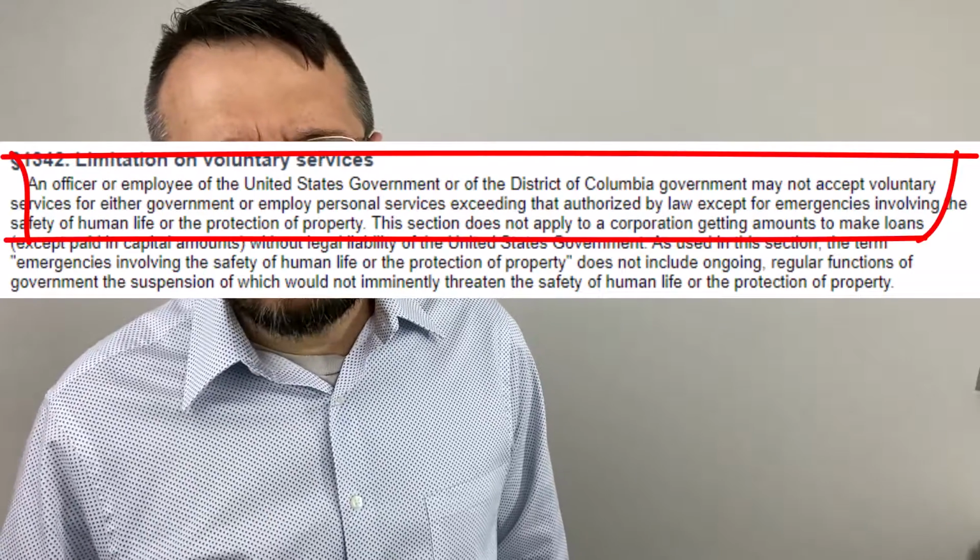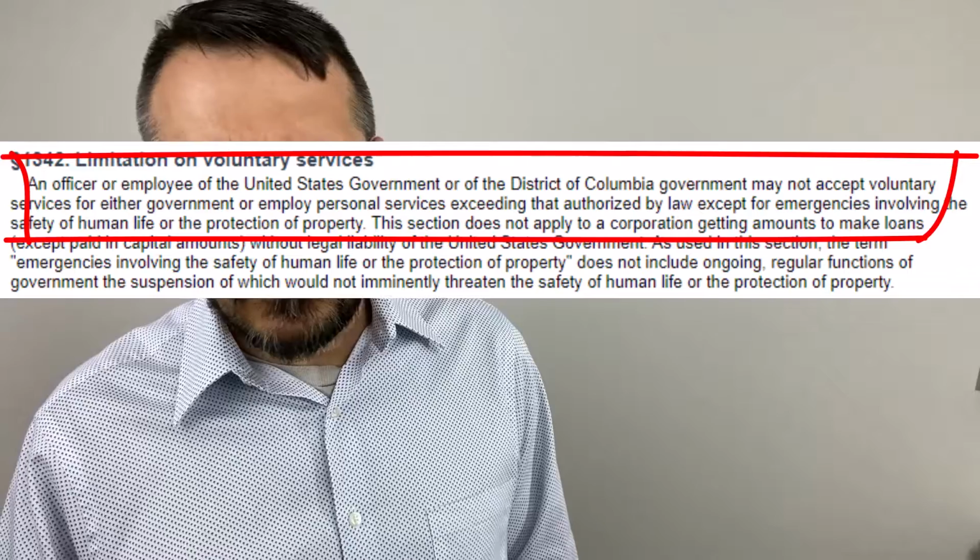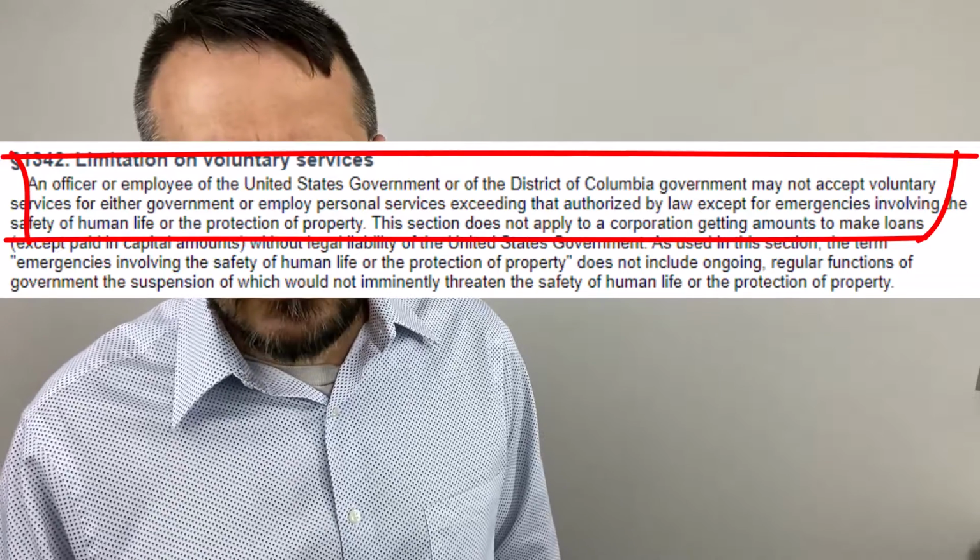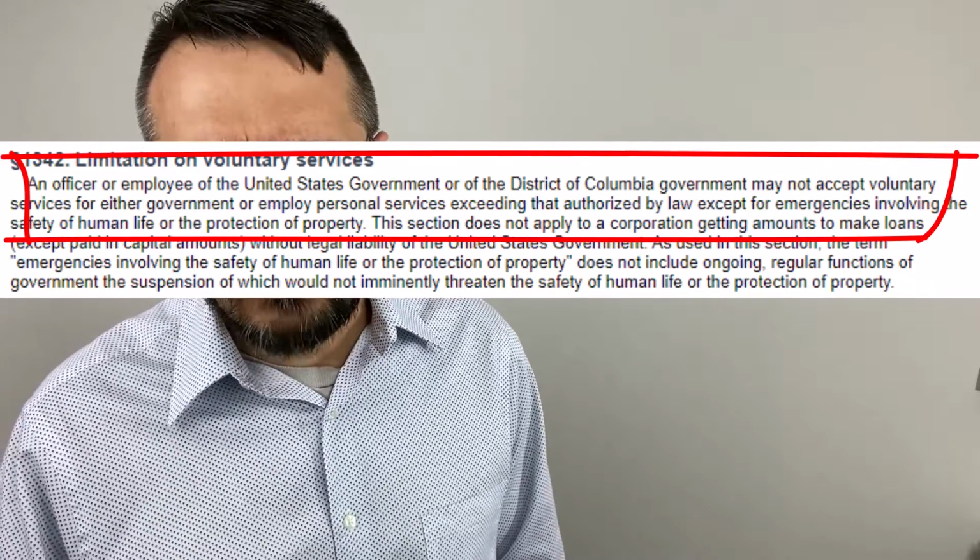Now, there is one relevant piece of law that crops up here because without it, people try to sneak around these laws. That is Title 31, Section 1342. And it says, "The government may not accept voluntary services except in emergencies involving the safety of human life or the protection of property."